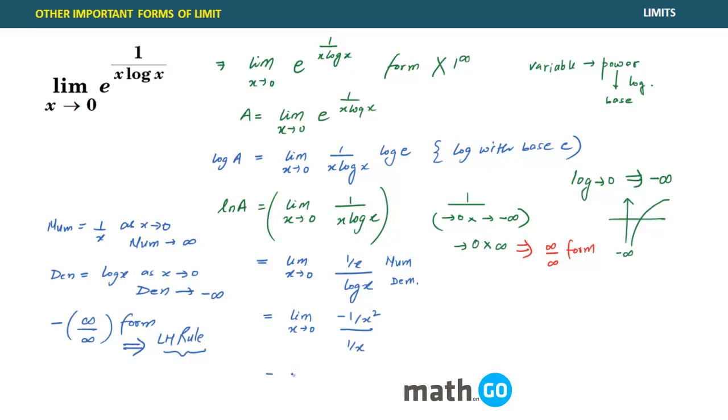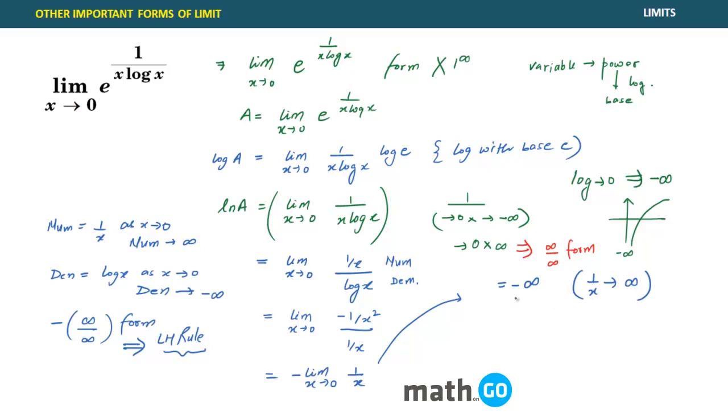If you solve this completely, your answer would be minus limit x approaching 0 of 1 by x. The answer to this particular form would be nothing but minus infinity, because we know that 1 by x is nothing but infinity. Got it?